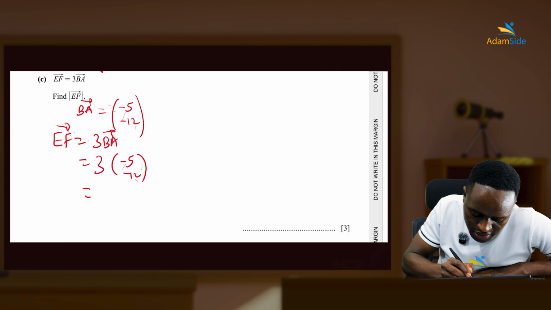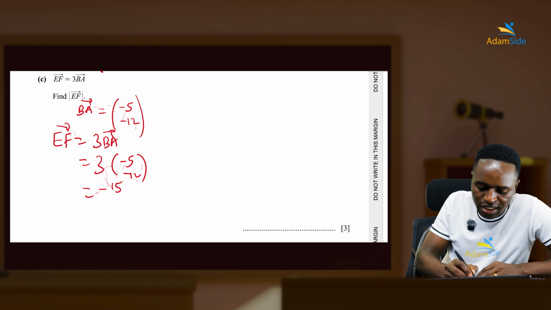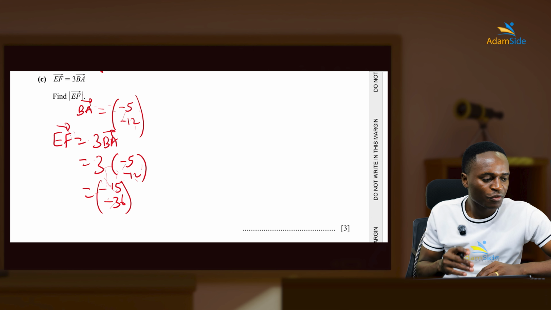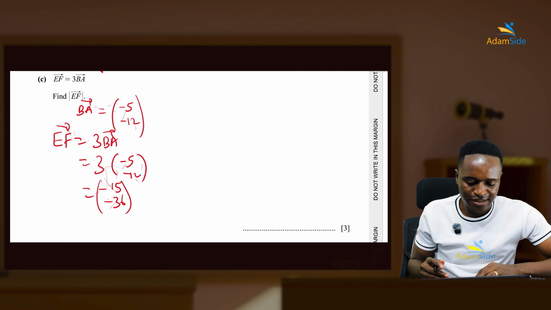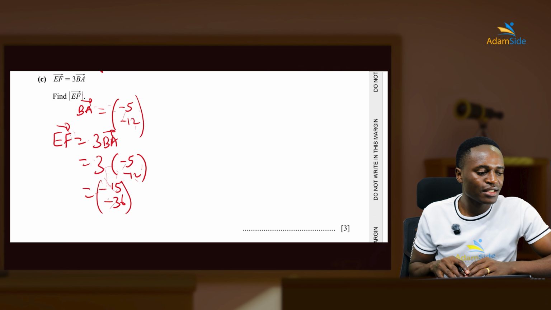If you multiply that, 3 times -5, you get -15. 3 times -12, you get -36. That's the vector: -15, -36. Or it can be different.